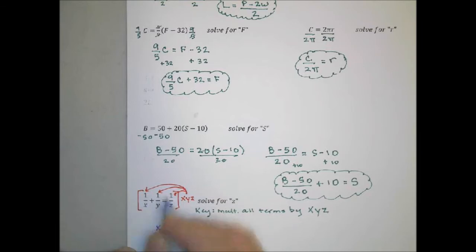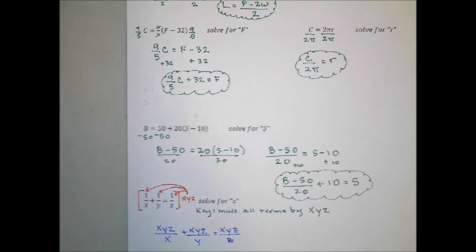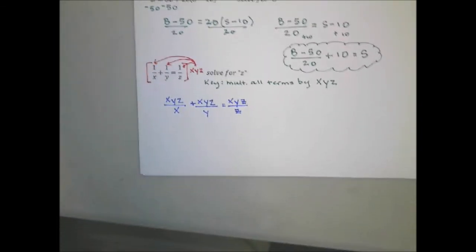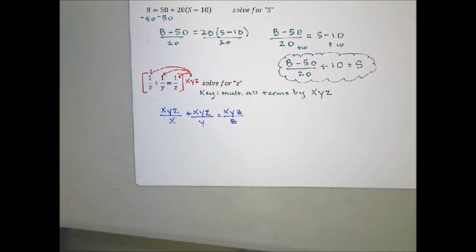This one would be over x, plus 1 times x, y, z would be another x, y, z. This one would be over y. 1 times x, y, z would be x, y, z. And this one would be over z. Now, the reason we multiplied by the least common multiple is whenever you multiply by the least common multiple, you will always get the fractions to go away.